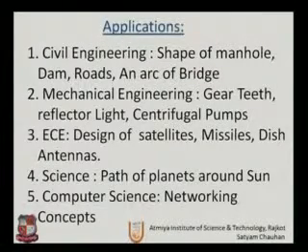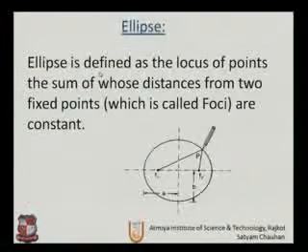In science, there is the astronomical path of planets around the sun, and in the IT field, or computer science, we use these curves in network concepts, to create graphs and sometimes to explain the rules of graphs. So let's see them one by one.